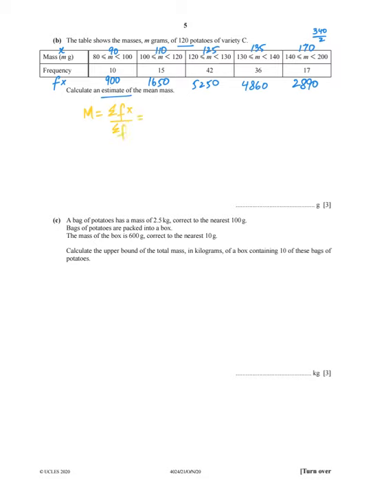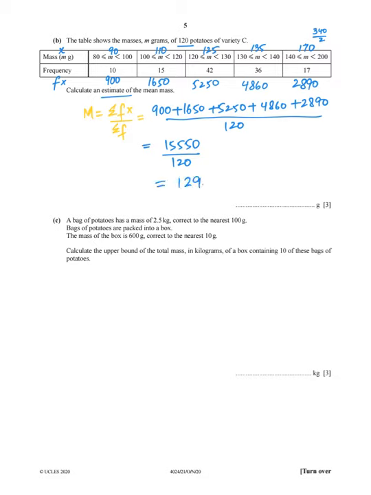So we add all those values, that is 900 plus 1650 plus 5250 plus 4860 plus 2890, divided by the total frequency, which is 120. The summation of all those values is 15550 divided by 120, and it gives you 129.5. That is your estimated mean mass, your answer for part B.